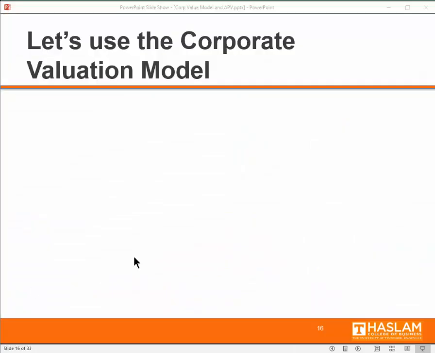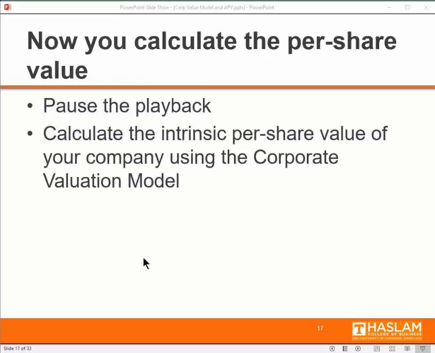All right, so in this case, the corporate valuation model wasn't actually the best model that we could use. And after you apply the corporate valuation model to your example, then we will move into the adjusted present value model, which will be a more appropriate model for this valuation.